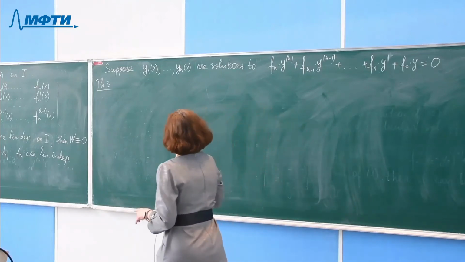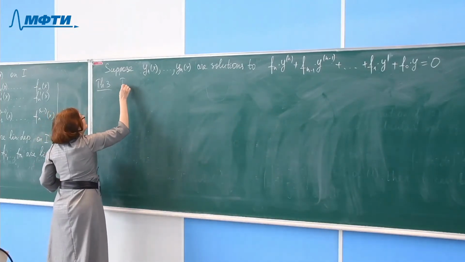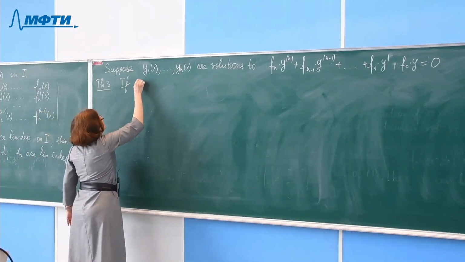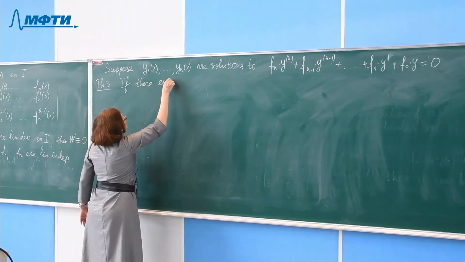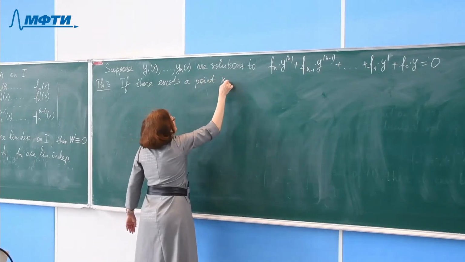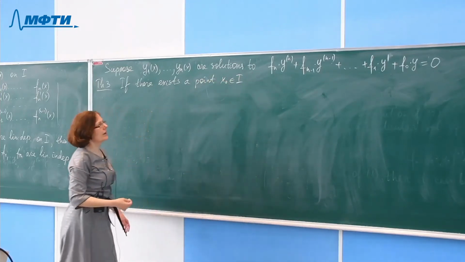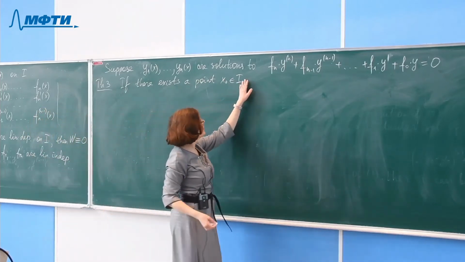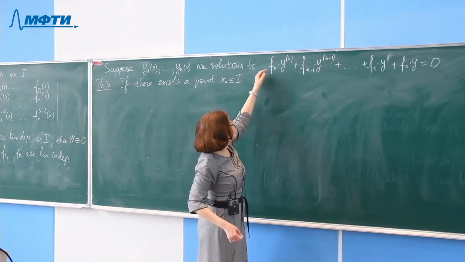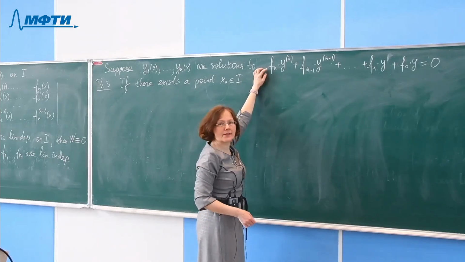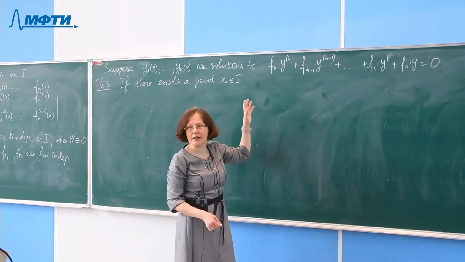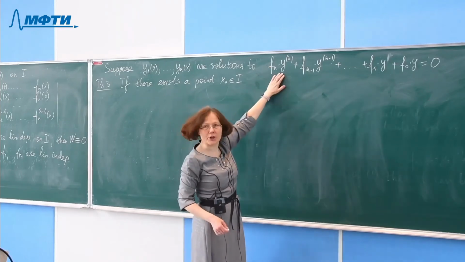So theorem number 3: if there exists a point x0 from our interval I, this interval comes from the domain of this homogeneous differential equation. So all the functions are continuous on the interval I. So I comes from the differential equation.